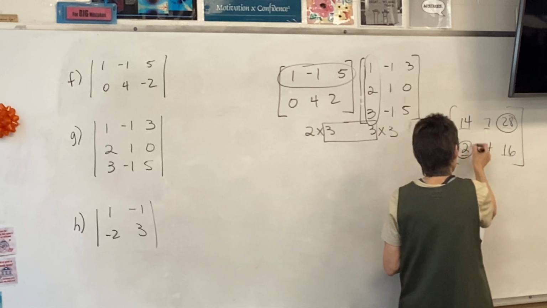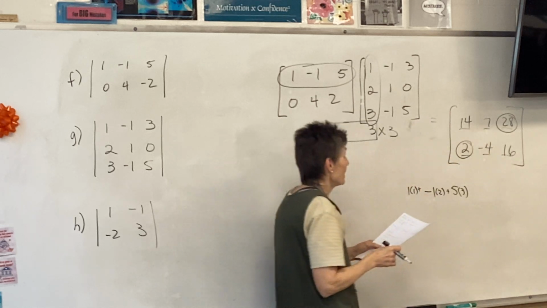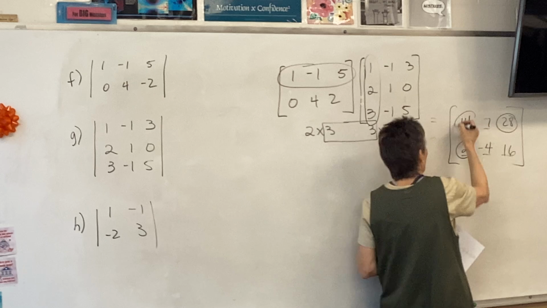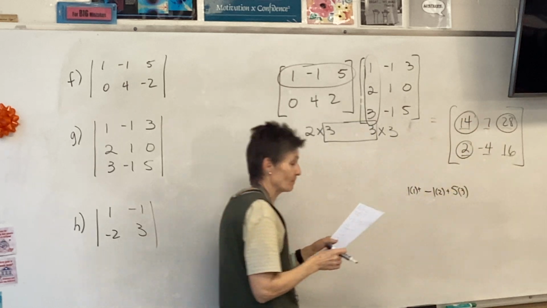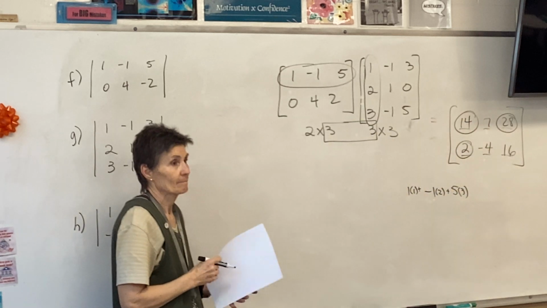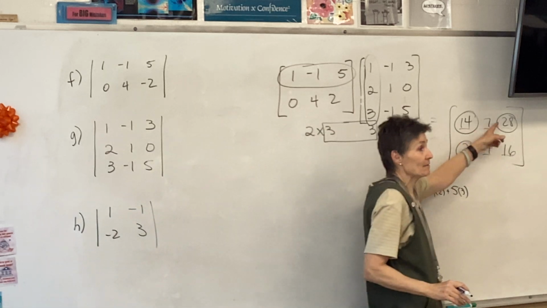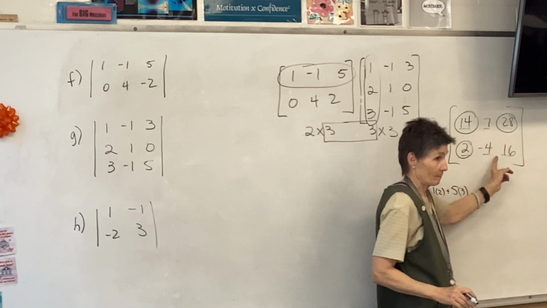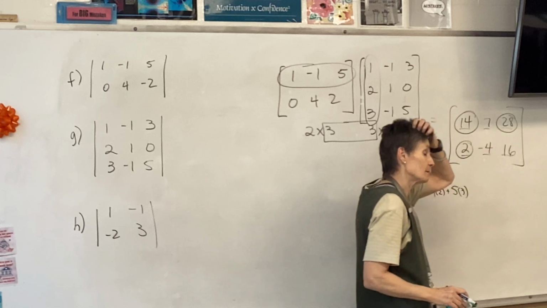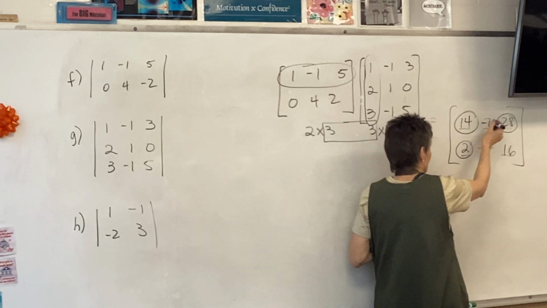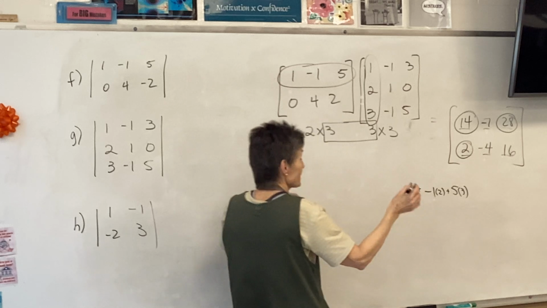I got 2 here, I got 2 there. How did you get negative 4? I got 6 and negative 10. I believe these are wrong. I got negative 7. Yes, negative 7, and then 6 and negative 10.